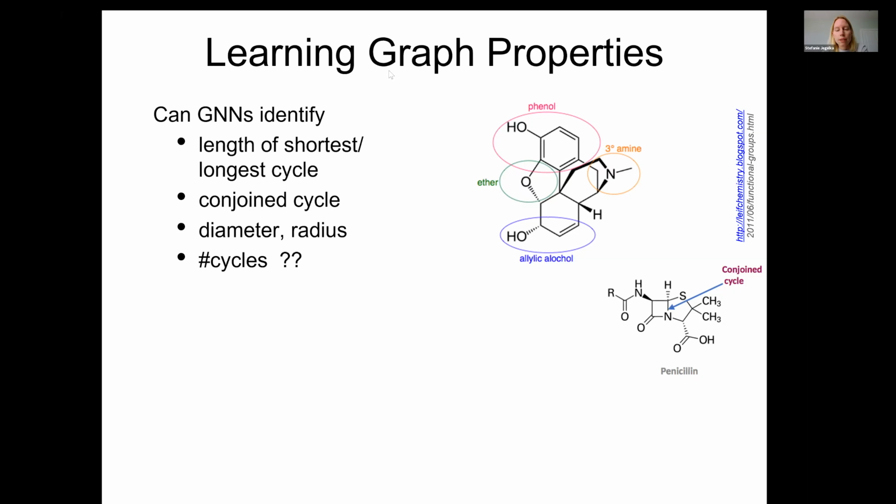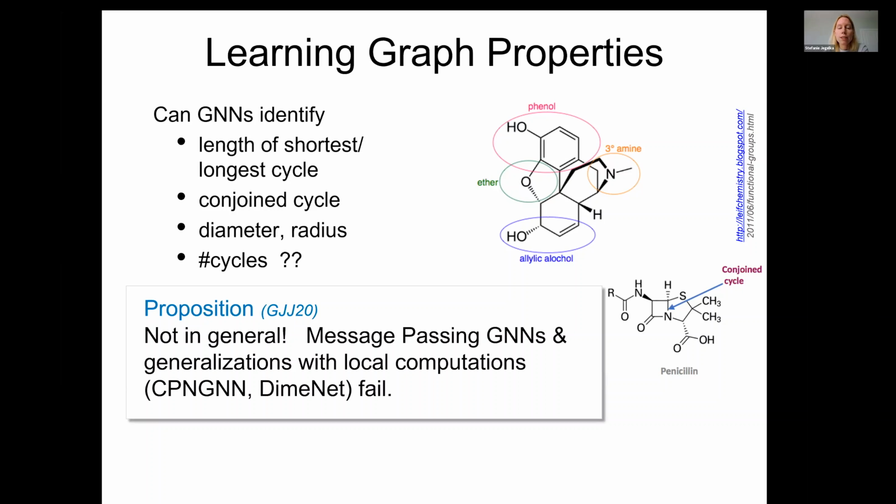So the molecule, if we want to learn functions of molecules, actually its functional groups are very important. And that's where we actually need these kinds of features. And unfortunately, there's a negative result, meaning in general, these message passing graph neural networks cannot learn such functions. So you can basically find graphs where that fails.